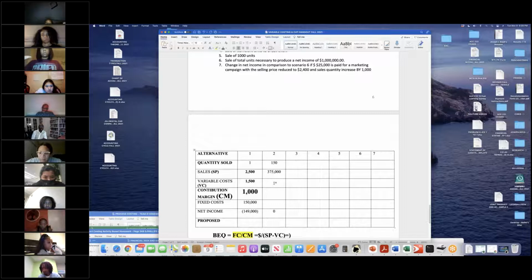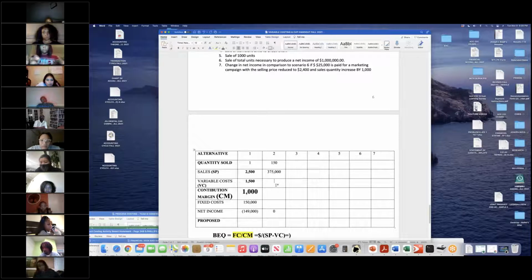What's our variable cost going to be? $1,500 a computer. So what's 1,500 times 150? 225,000. And we subtract 225,000 from 375.